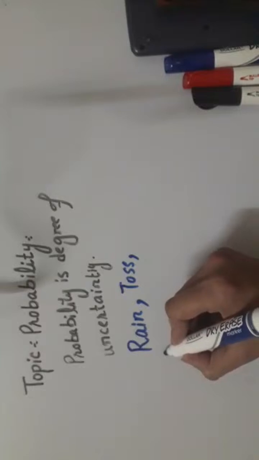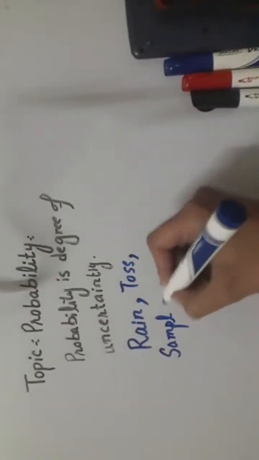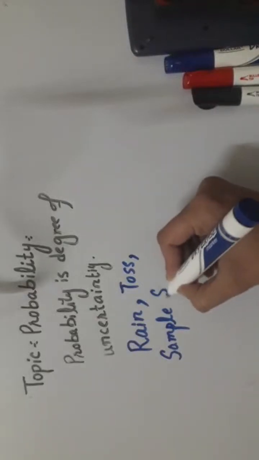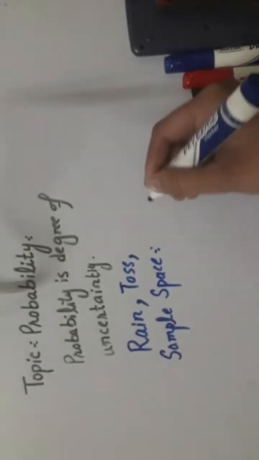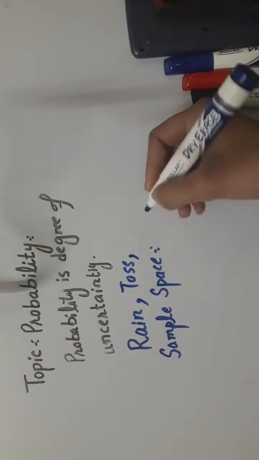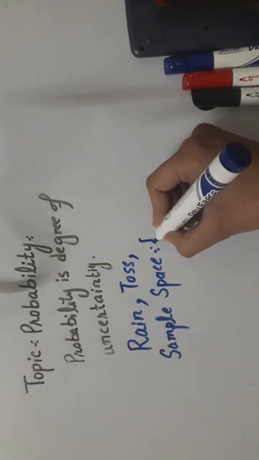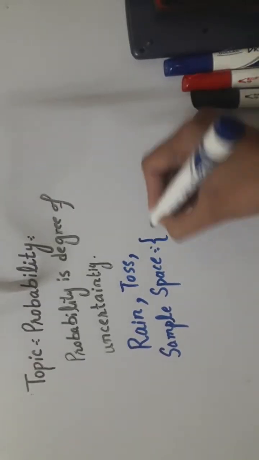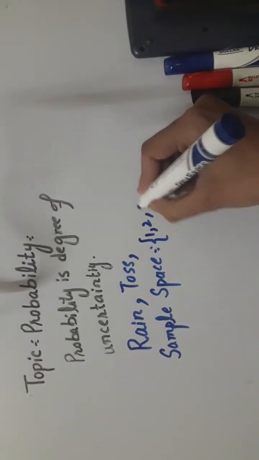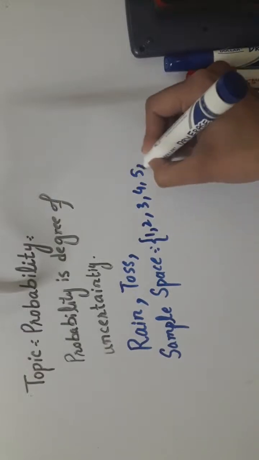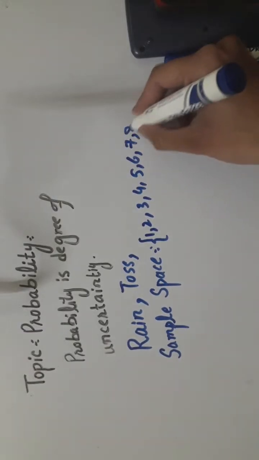First of all, the basic thing is sample space. What is the sample space? We will define this as you consider the natural numbers from 1 to 10. So sample space will be as you consider 1, 2, 3, 4, 5, 6, 7, 8, 9 and 10.